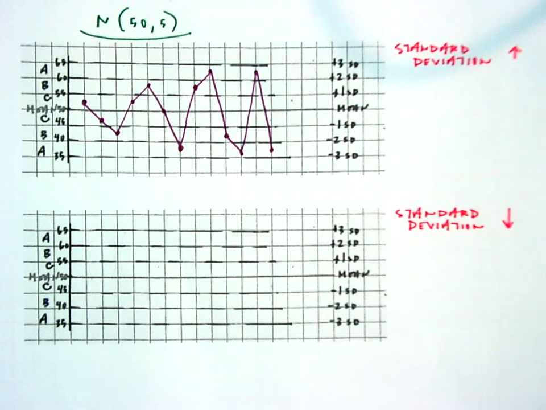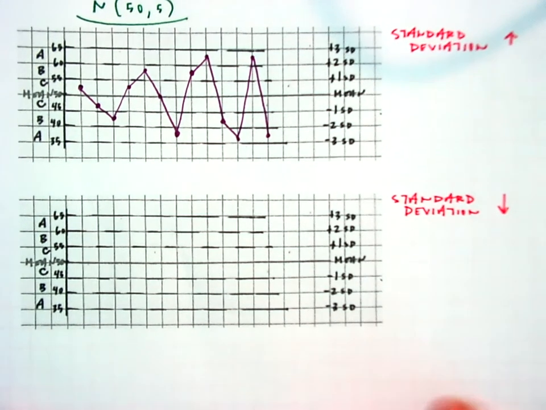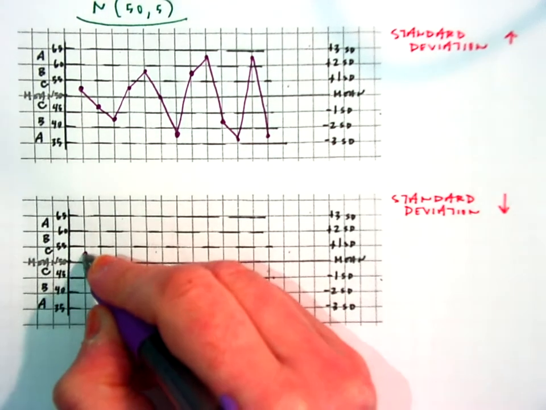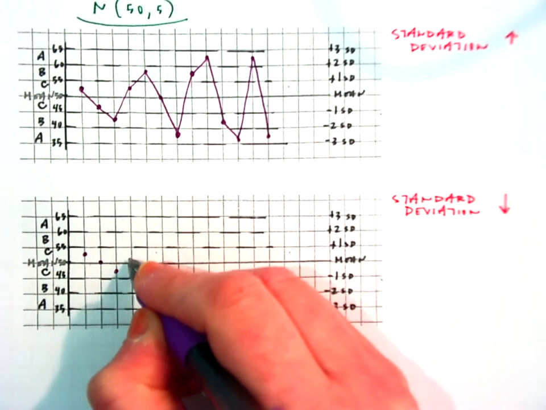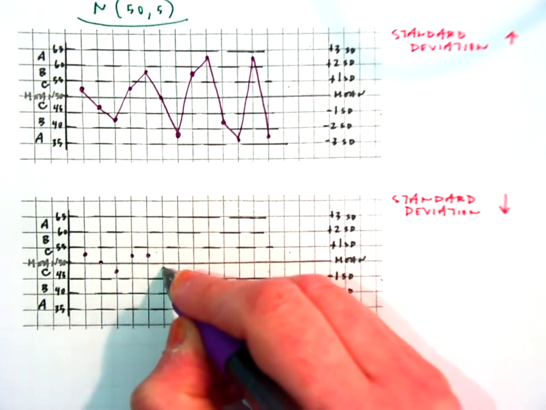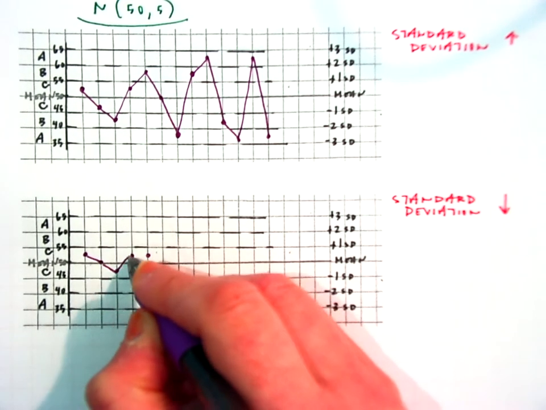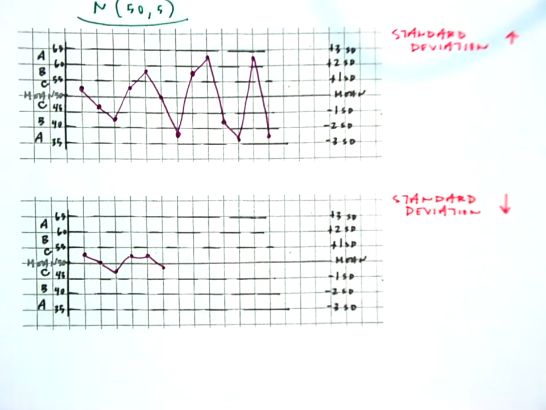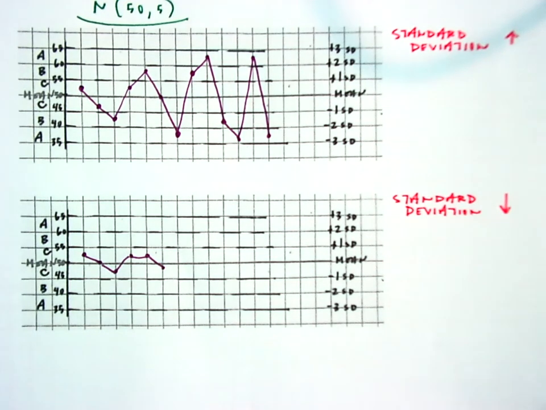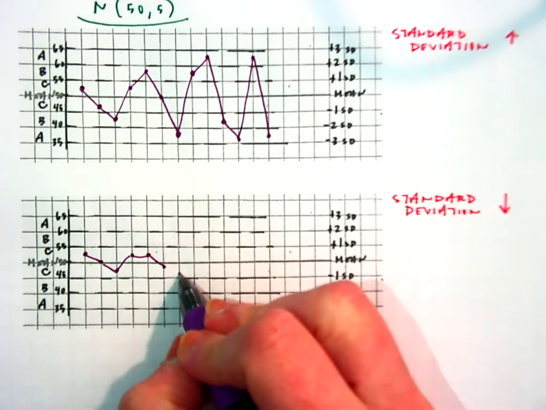Now, if I'm looking at a standard deviation that is decreasing, so we're seeing less variation than we would have expected, that would be something where maybe I'm seeing all of my data in the C zone, for example. So let me plot a few observations like this. I'm seeing that my data is more tightly packed around the mean, which I expect 68% of the time.